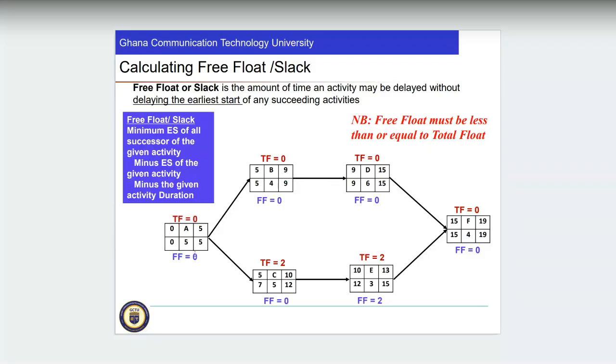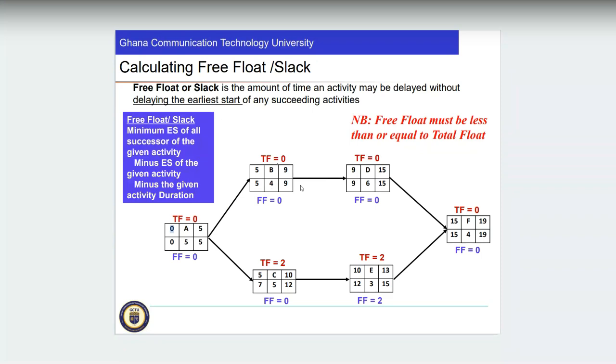It should be less than or equal to the total float. So see this. Here we have 5 minus 0, which is 5. And then here we have a duration of 4.